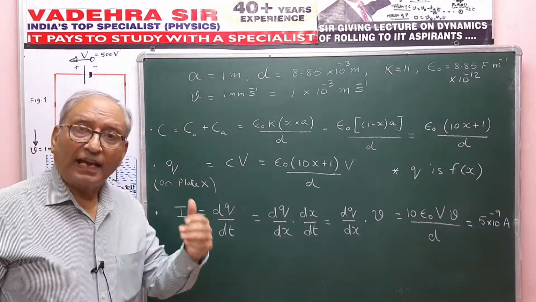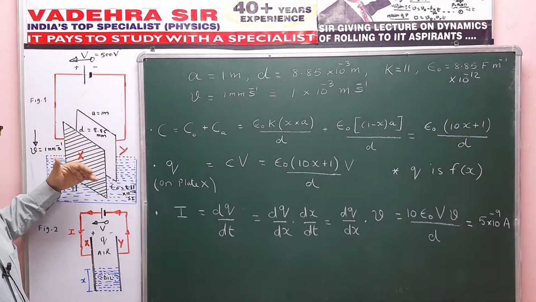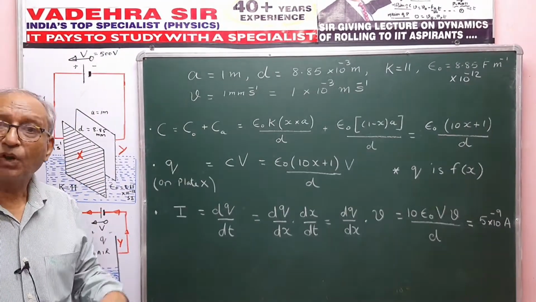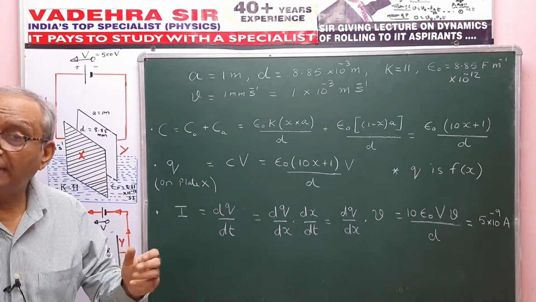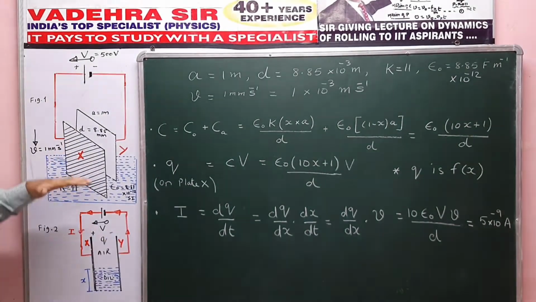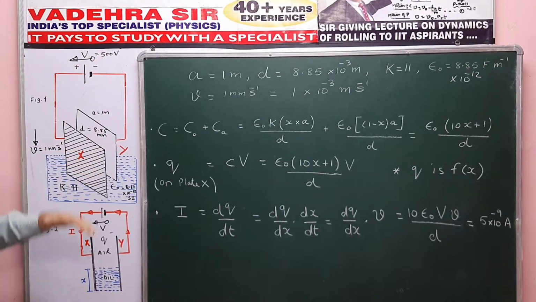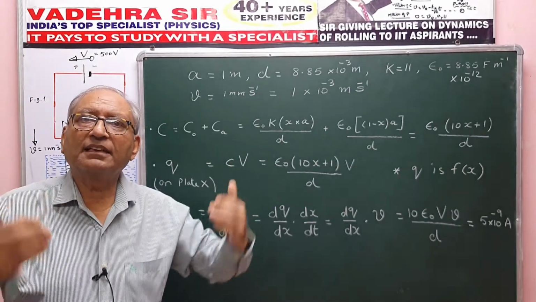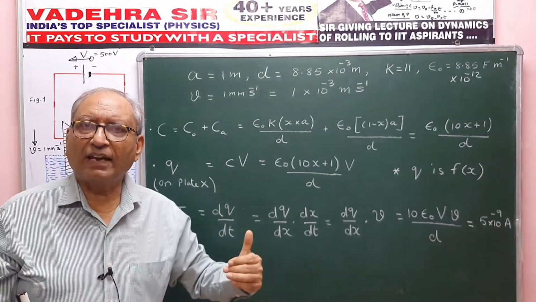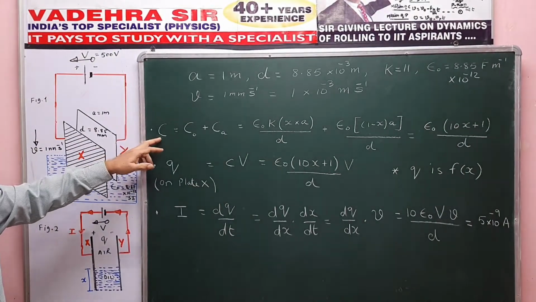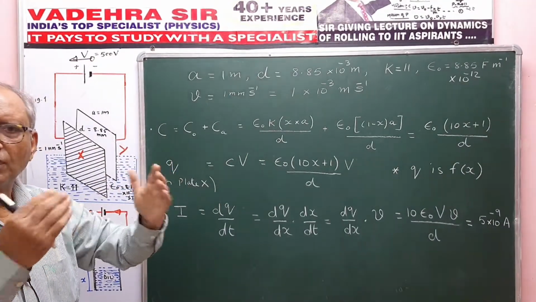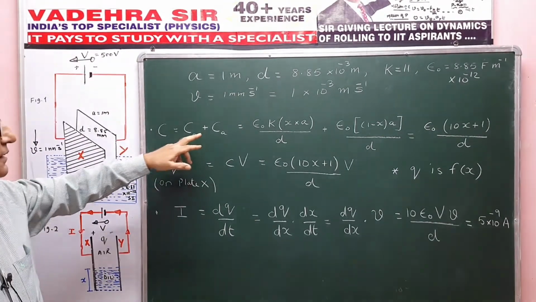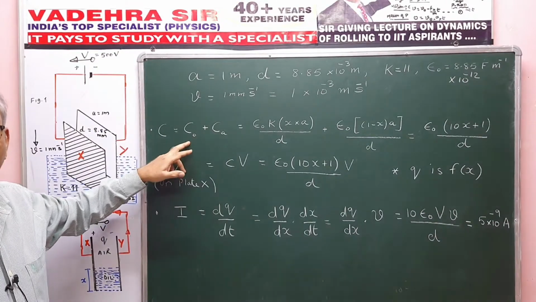Fine. Now, as these capacitor plates are coming down in the oil, the overall capacitance of the arrangement goes on increasing. Why? Because the part of the capacitor plates which are in the oil, that oil capacitor would have an increasing value. C is the sum total, the two capacitors are in parallel, the C of the oil and the C of the air part.